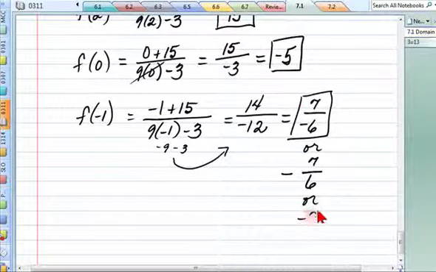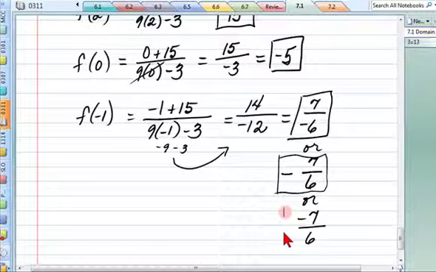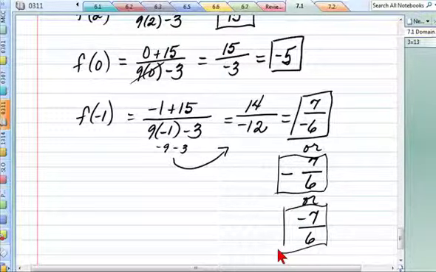It could be negative 7 over positive 6. Any of those would be fine. Remember the 3 positions. Is that okay? I would just leave the one I got. But certainly, any of them would be fine.